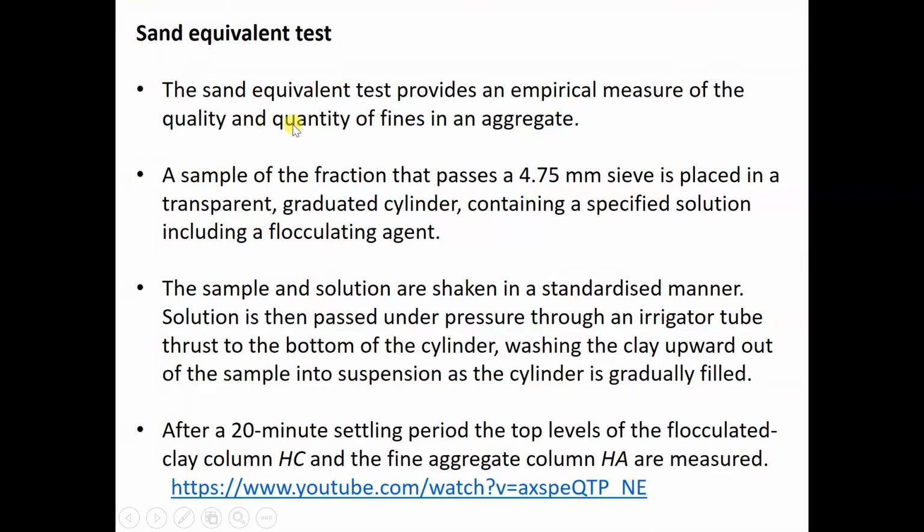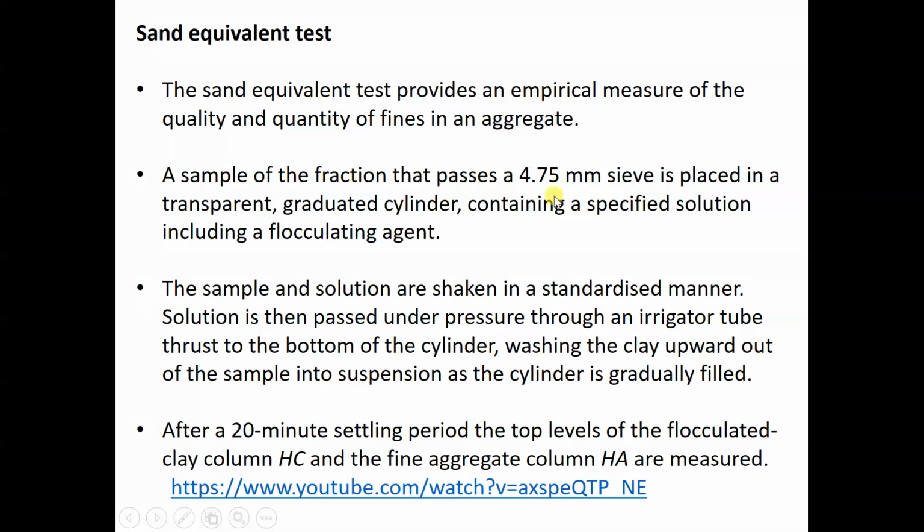So the sand equivalent test provides an empirical measure of the quality and quantity of fines in an aggregate. Not necessarily clay, we just call it fines. The fines could be silt or could be clay. A sample of the fraction that passes the 4.75 sieve is placed in a transparent container.